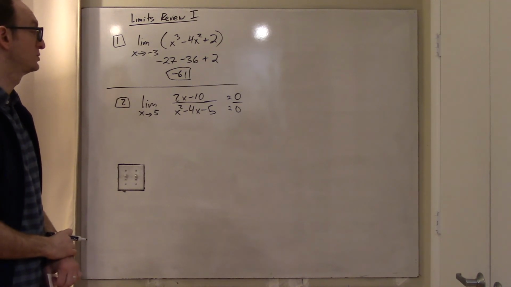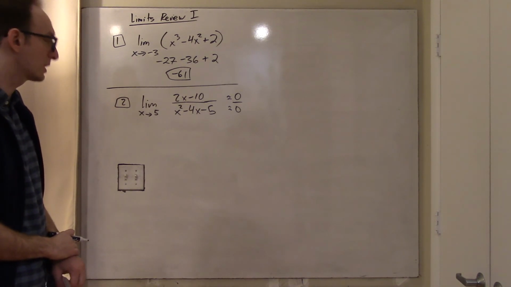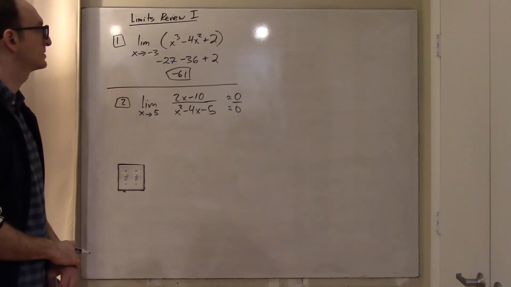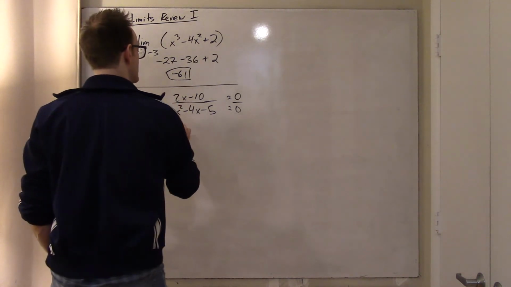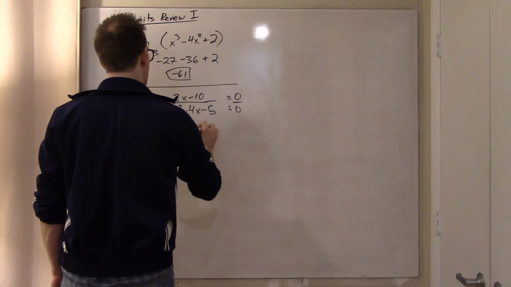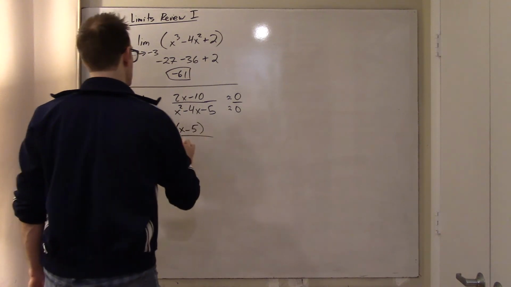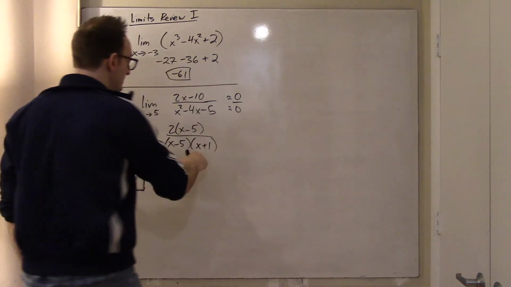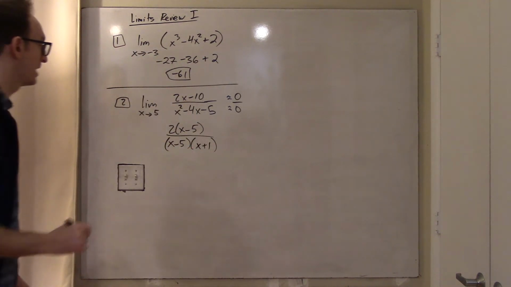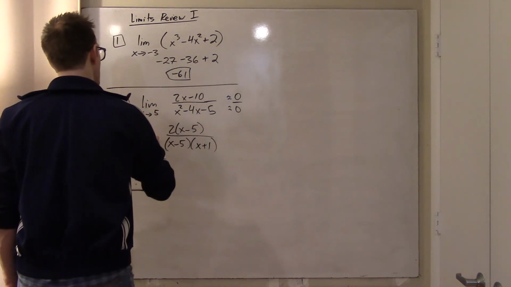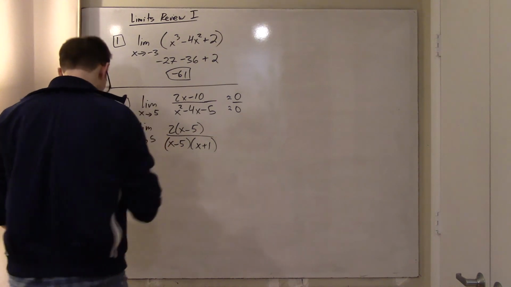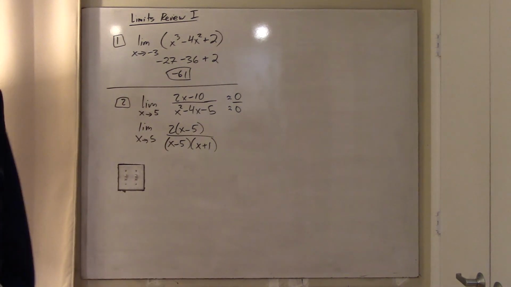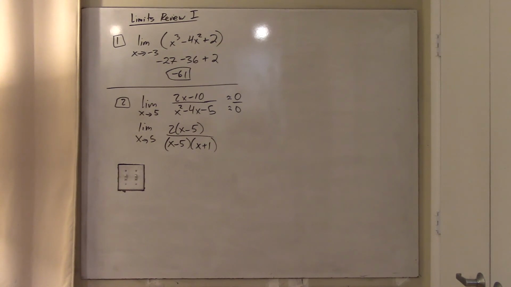So we have to do something, we have to kind of go back to work, as I say, and perform some kind of analysis. Here I think the analysis is just to factor, and indeed this is x minus 5, x plus 1. I think that's right. Yeah, so this is just a rational expression.